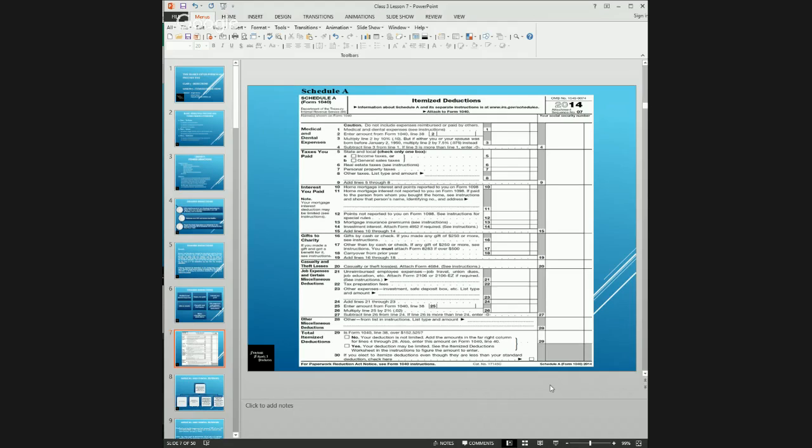And you can see here the sections that we were just covering on the last form, where you have your medical and dental expenses, as well as the taxes that you paid, any interest that you paid, gifts to charity, casualty and theft losses, job expenses, other miscellaneous deductions, and then you'll total it all up here on line 29, and then that'll be carried over to line 40 on the 1040.